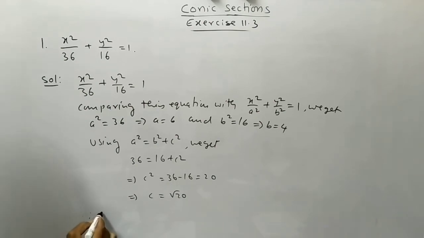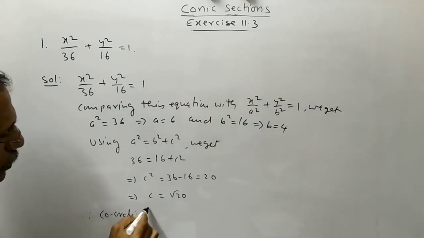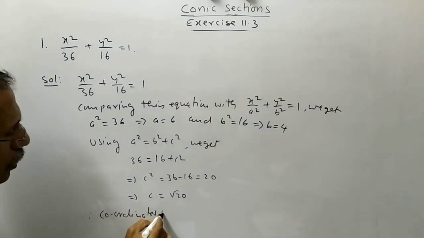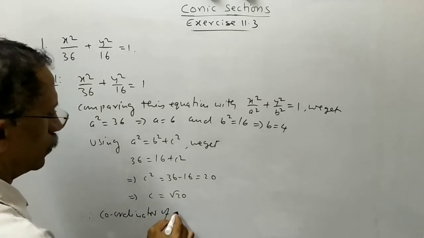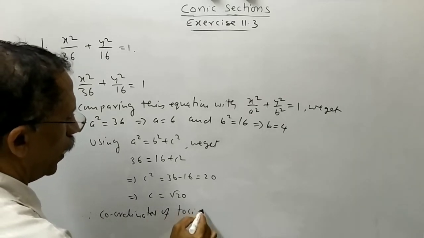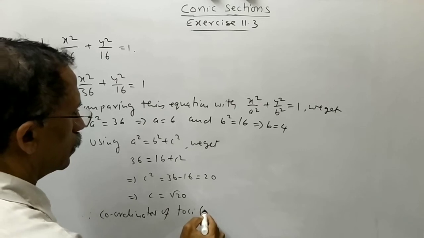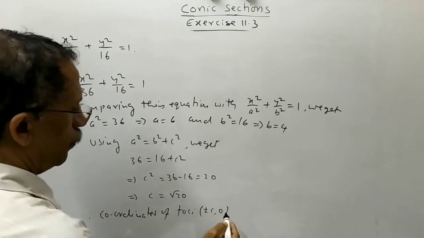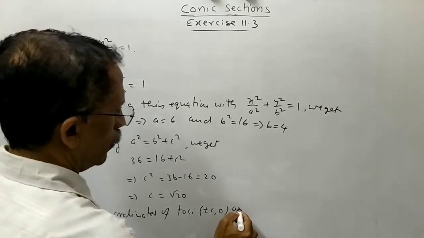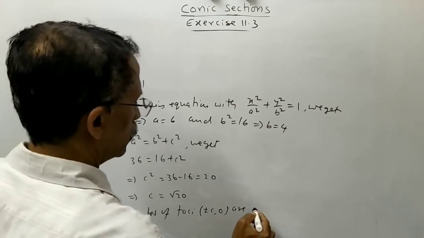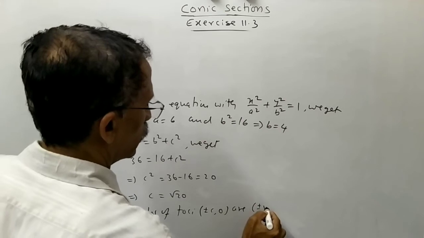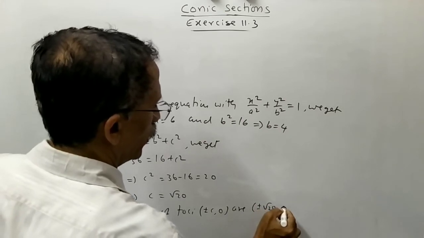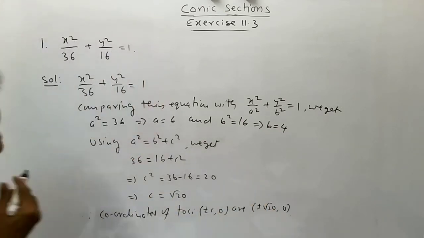Therefore, coordinates of foci plus or minus c comma 0 or plus or minus root 20 comma 0.